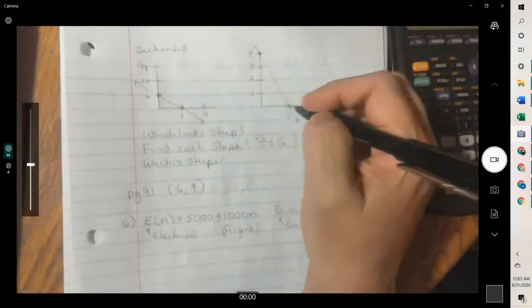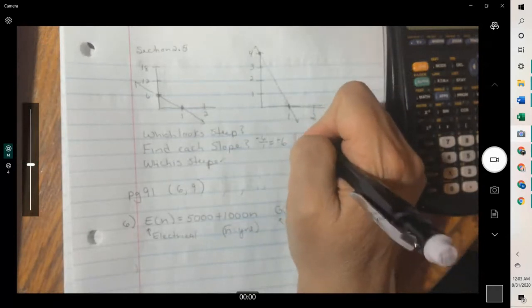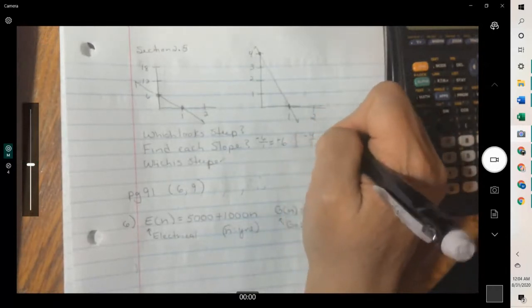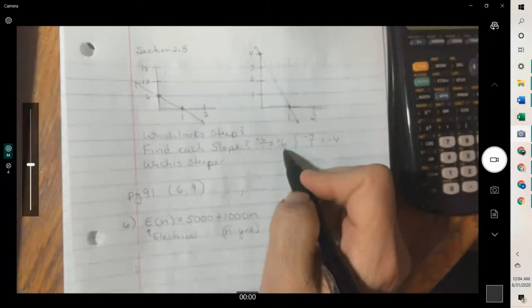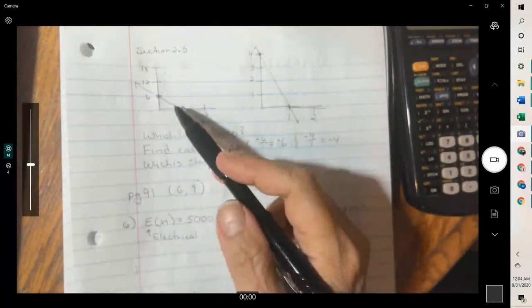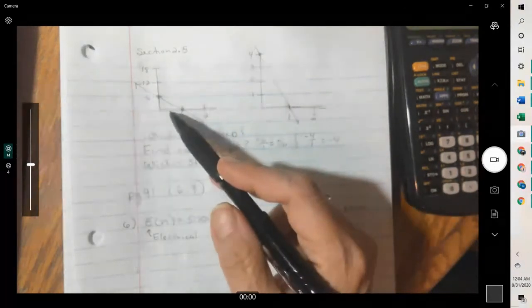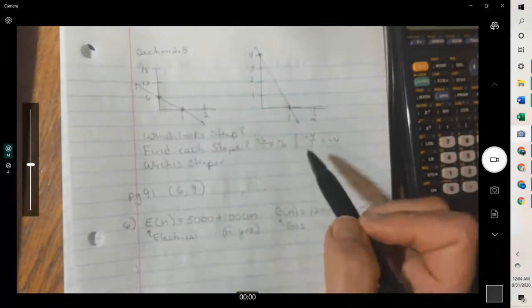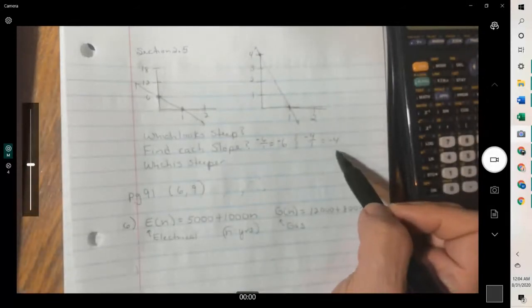This one, we're going down 4 and over 1. So it's a negative 4 over 1, or negative 4. This has the bigger drop. So we thought it was this one, but actually because of the units, it's this one. It's dropping by 6 units, but this one only drops by 4.